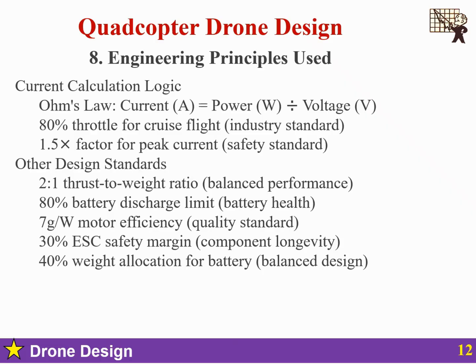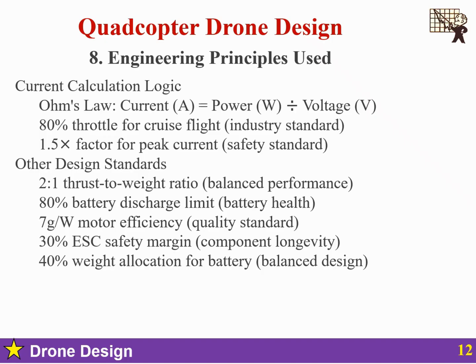Higher voltage systems reduce current requirements, improving efficiency and reducing heat generation. This is why professional drones often use 6S or even higher voltage systems. The 80% throttle factor for cruise flight becomes even more important at this scale. Professional applications require consistent performance, and operating at moderate throttle levels ensures reliable, predictable behavior.